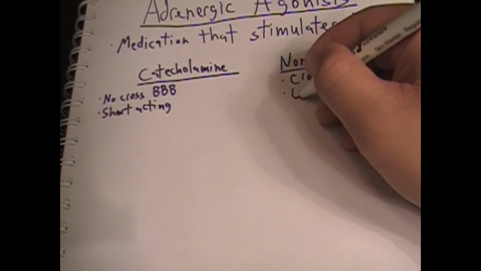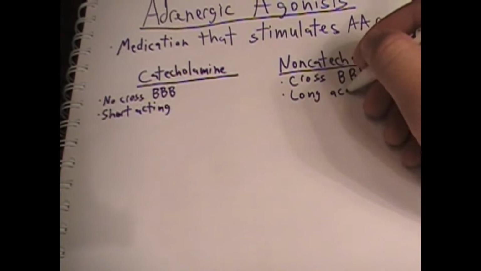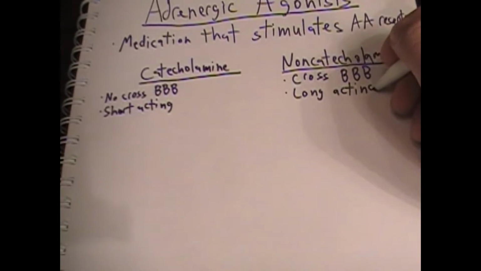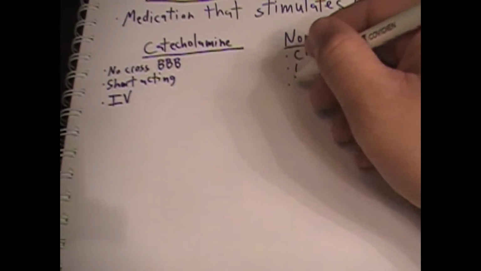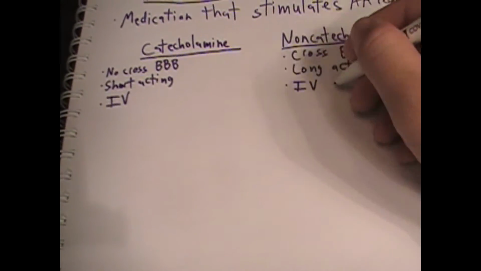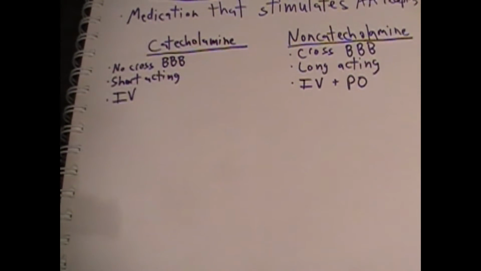Non-catecholamine adrenergic agonists are long-acting. The catecholamines are IV and IV only, whereas the non-catecholamines are IV and also PO, because they do cross the blood-brain barrier.